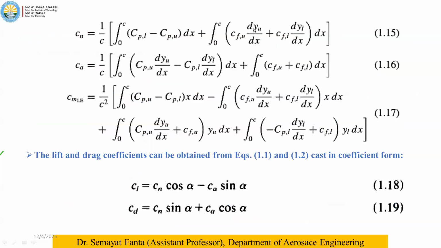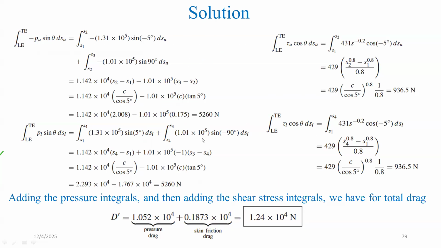Applying that, finally the lower surface is the same, because the pressure distribution is the same and the wedge angle is the same, 5 degrees. So 5260 Newton is the force.